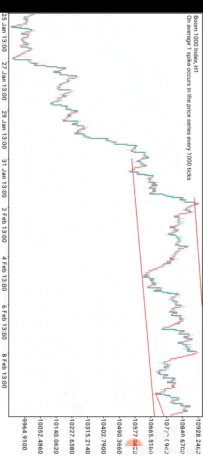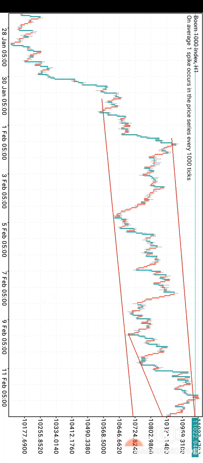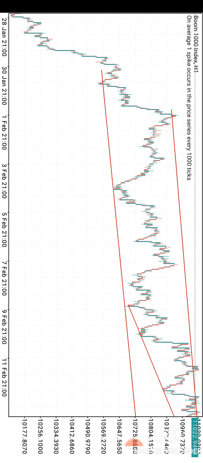They are used to know the direction of the market sometimes, but they are mainly used to catch some moves.